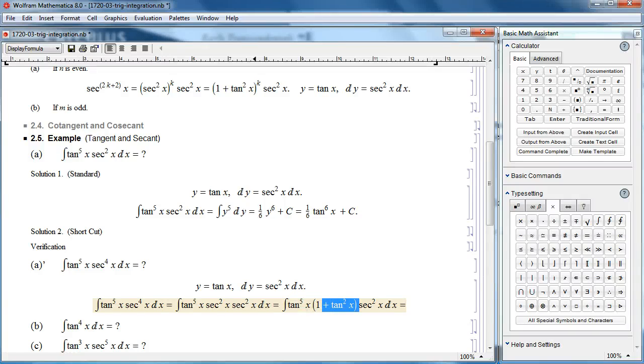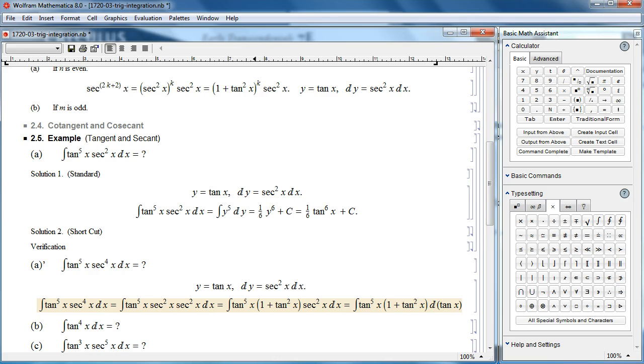So the whole integrand will be in terms of tangent alone, and secant squared dx comes from the derivative of tangent. In other words, we can re-express this whole thing by d of tangent of x.